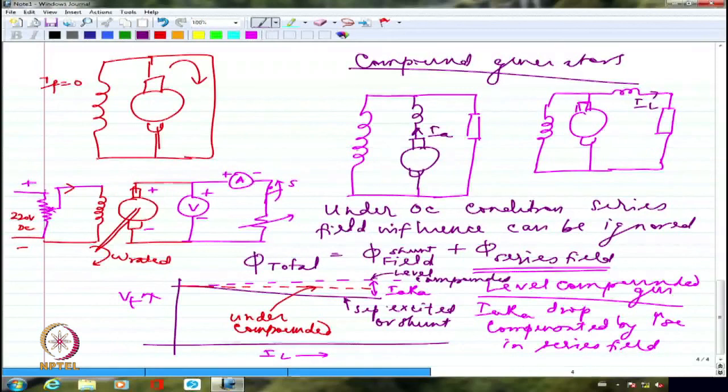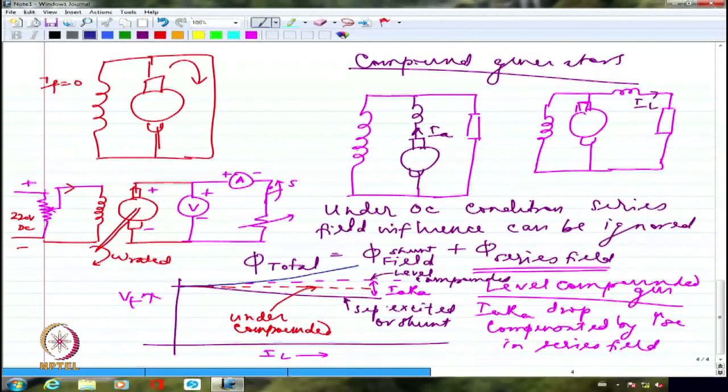If I provide more series field compensation than the IaRa drop, as I load the generator more and more, I will see a steady increase in the voltage as long as the saturation does not interfere. So I may have the voltage slowly increasing. That is essentially known as over-compounded.